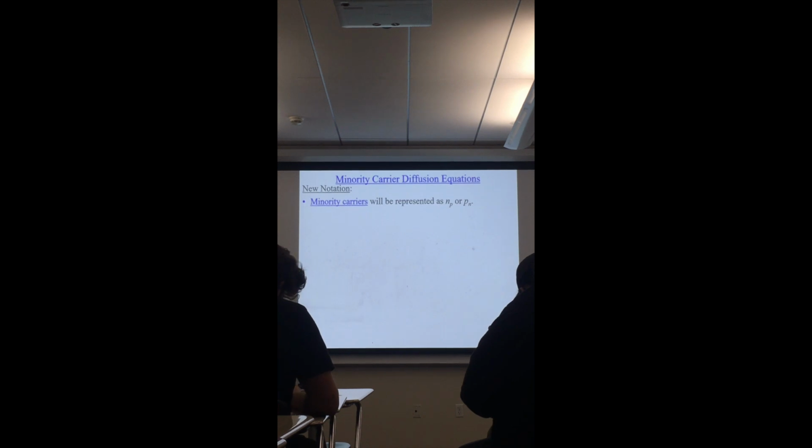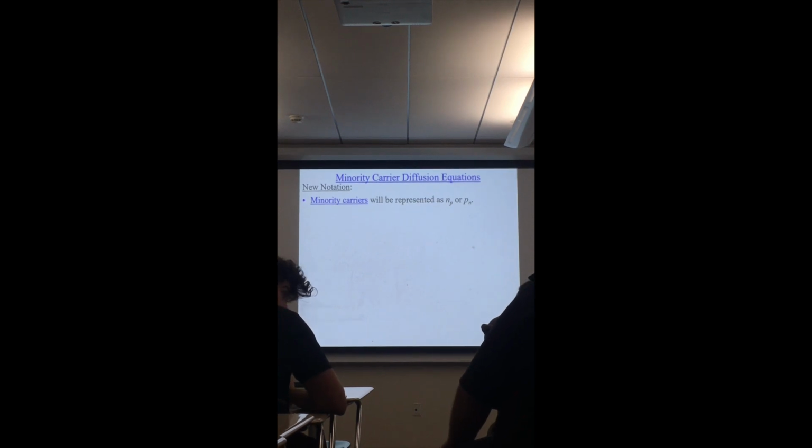So what are minority carriers? Yes. Is it like an electron in a mostly hole section? Yeah, exactly. So it's electrons in the p-type region or holes in the n-type region. So these are the minority carriers.